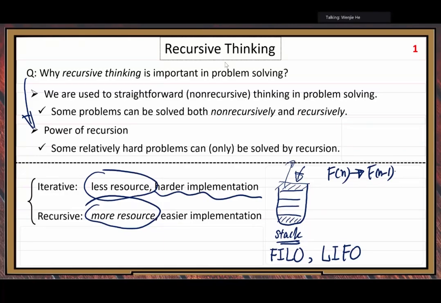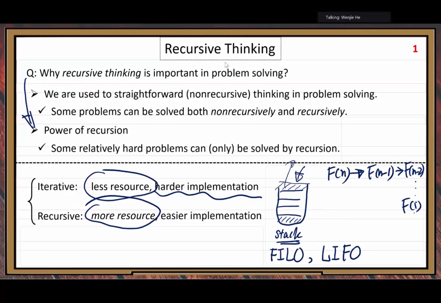But in order to calculate f of n minus 1, you need to use its previous value, f of n minus 2, and so on, all the way to, let's say, f of 1. You need to do recursive function calls like that.